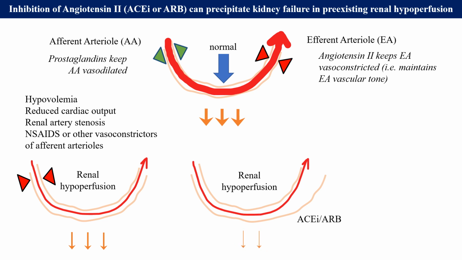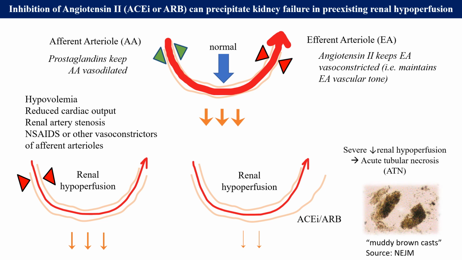The distal pressure at peritubular capillaries supplying the renal tubules will also be reduced. This can lead to renal ischemia, acute tubular necrosis or ATN, and kidney failure. This photo shows muddy brown casts that may be seen in the urine of patients with ATN.